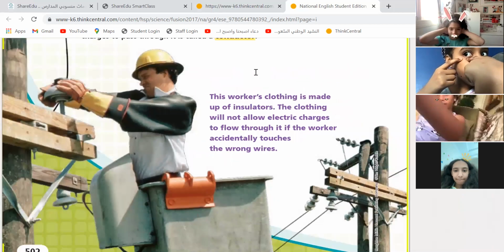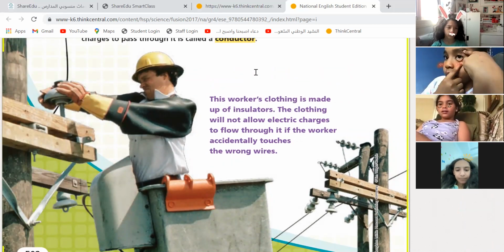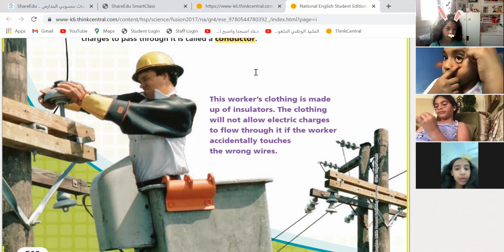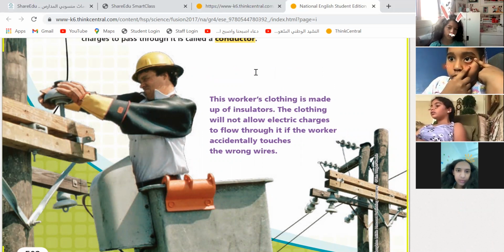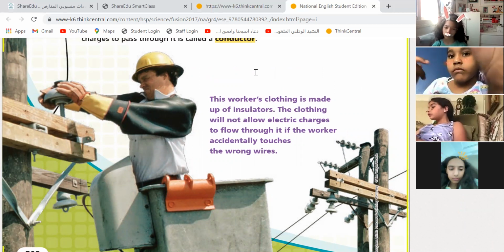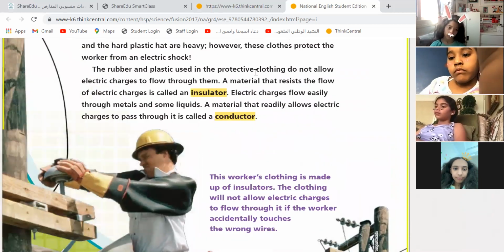Exactly. So we learned today that these clothes are very important for workers. So electricity doesn't flow to his arms by mistake, because it can be deadly. It is too dangerous. Electricity is not a joke.